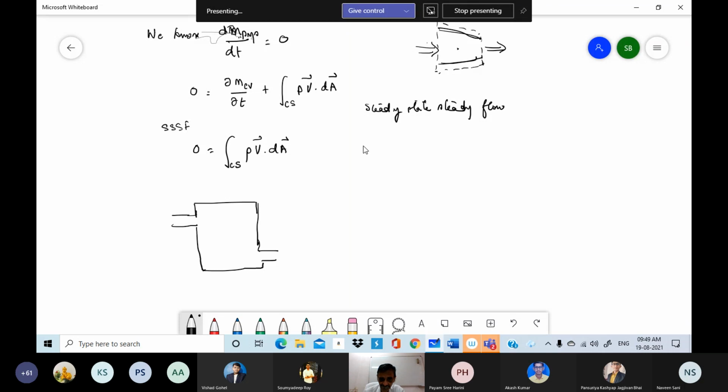So at this point I'll state a result which you still may not have studied, probably not in school. The question is, if I have flow through a pipe, is the velocity uniform or does it vary across the cross section of the pipe?